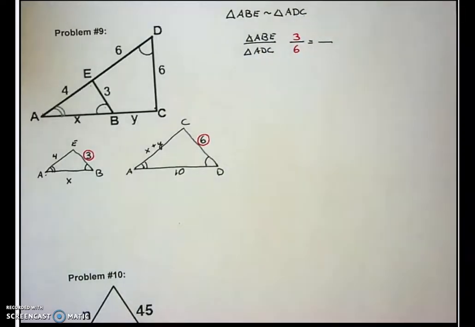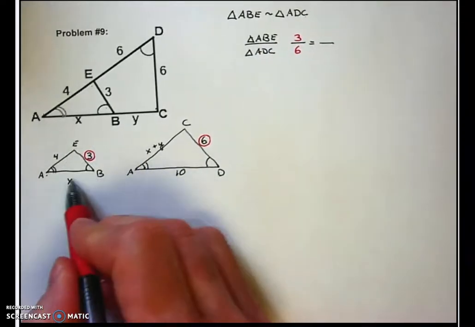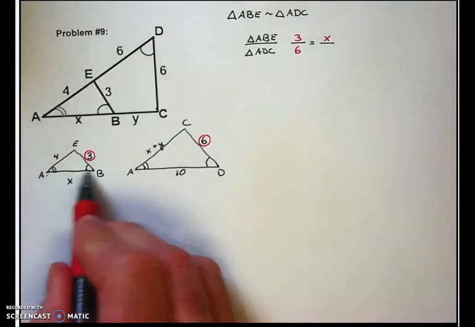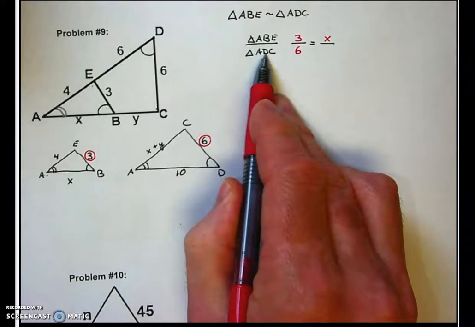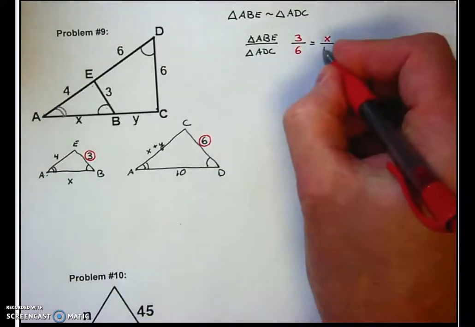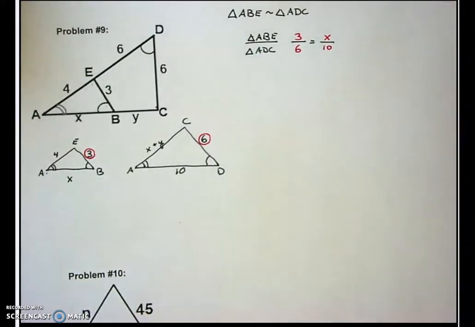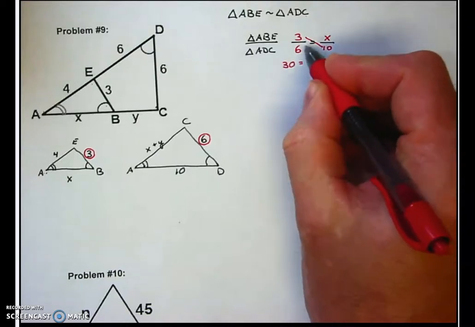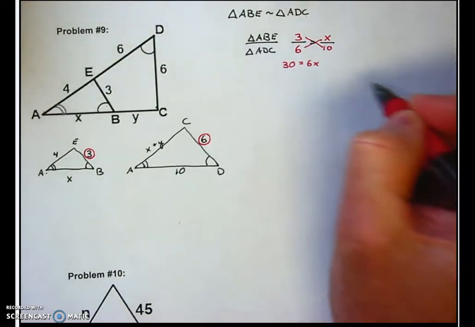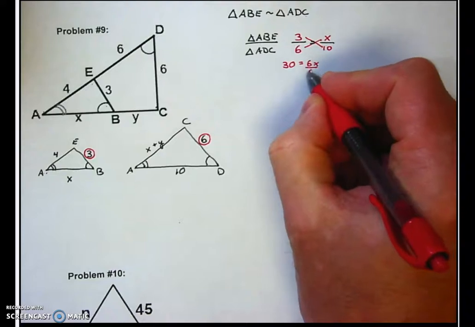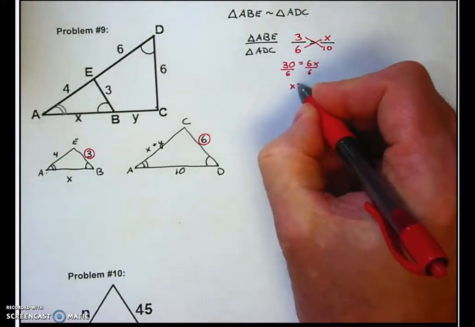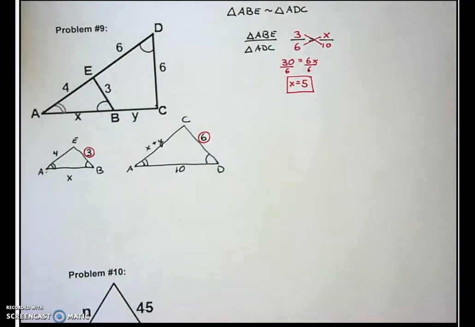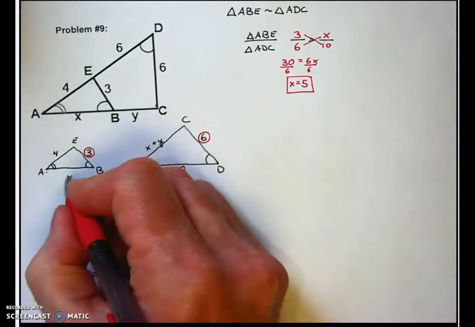The same way, now looking at this triangle, X, which is AB, goes with AD, which is 10. Now I can cross multiply and find X. 30 equals 6X. So X equals 5. Now that I know that X is 5, I can put a 5 here.